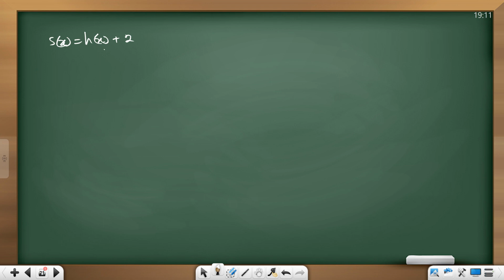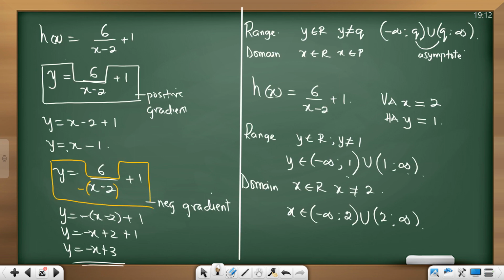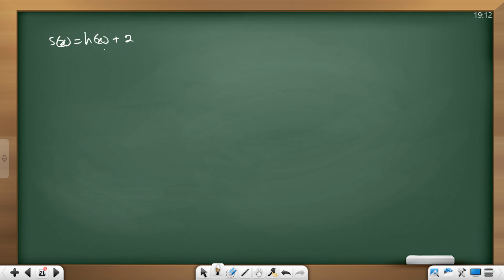Horizontally, vertically? I'm saying S of x is given as h of x plus 2. They've done something to h of x to get to S of x. What did they do to h of x?